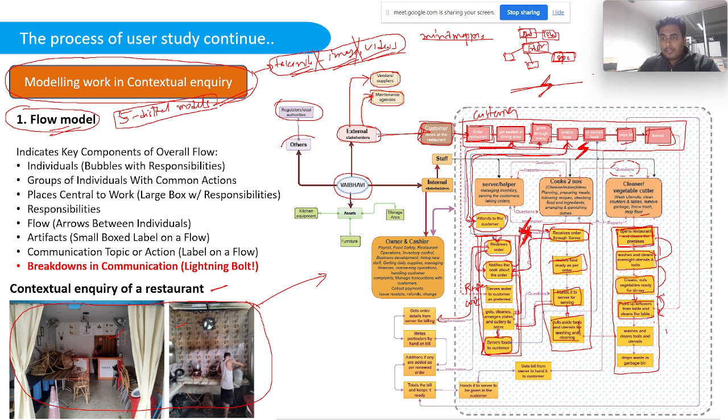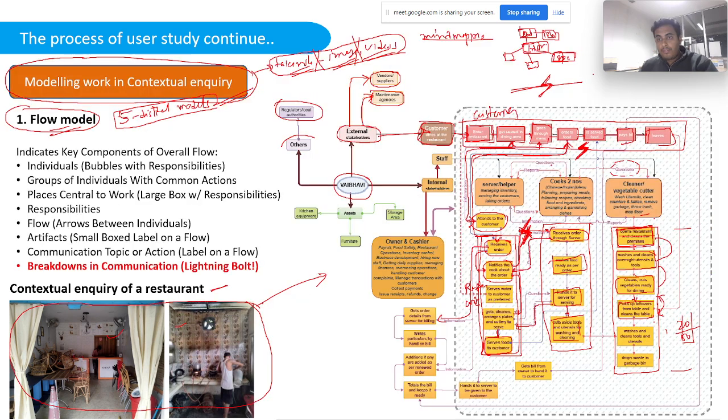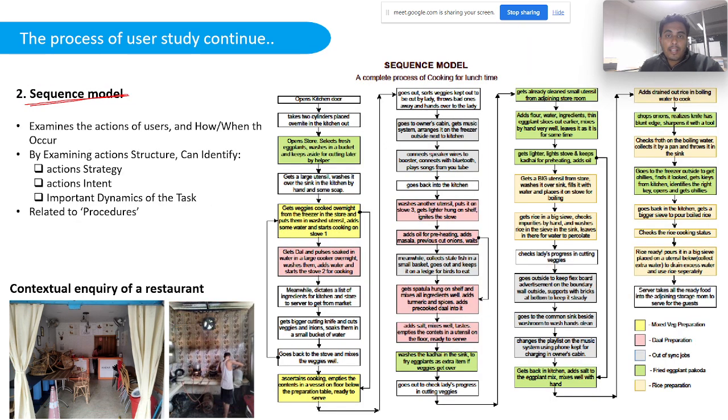But if you go into great detail, you may identify that the particular sequence may consist of 20 or 50 processes. So in a sequence model, you try to capture in detail the way a particular task is followed. And sometimes when the flow model fails to give you breakpoints, the sequence model can give you breakpoints.